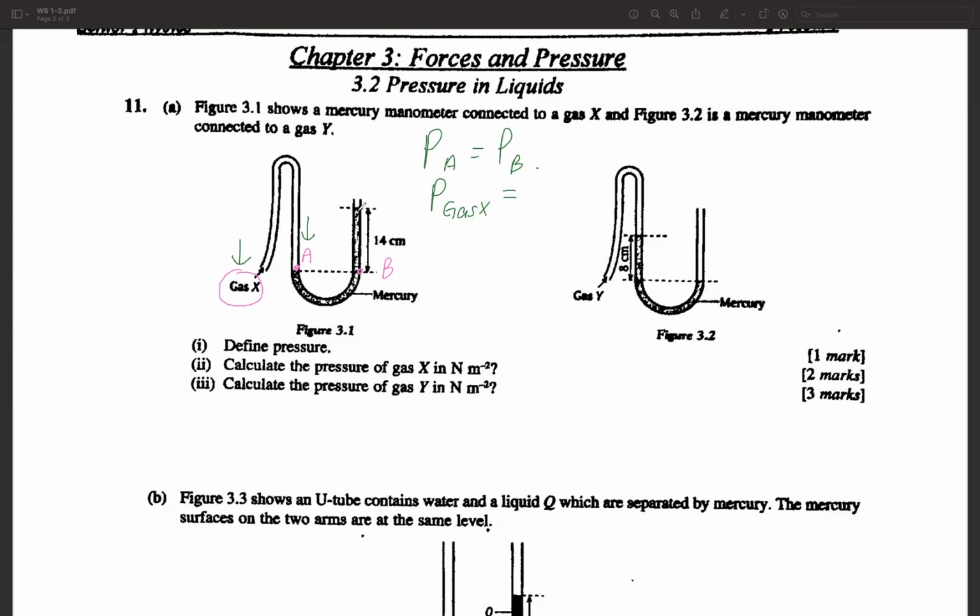So PB is the 14 cm, right? So that's the H rho G. And then don't forget you plus the atmospheric, because you can see the tube here is exposed. So you have P ATM pressing as well. Here you get the equation. P gas X equals to H rho G plus P ATM.